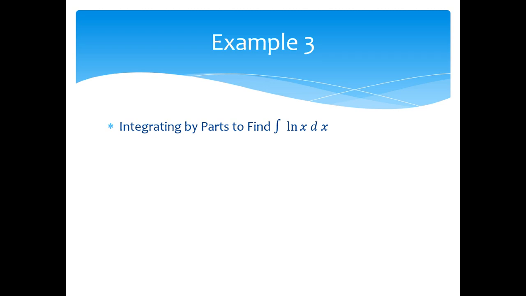So problem number 3. First we're going to choose u to be equal to ln of x. Then du would be equal to 1 over x dx, and dv is going to be equal to dx. That means v is going to be equal to x.